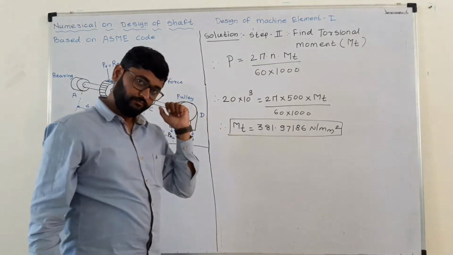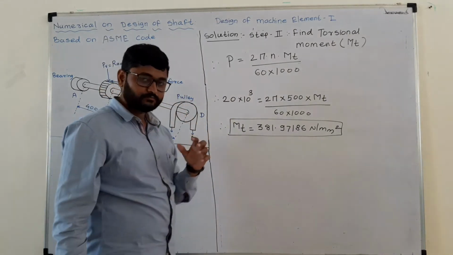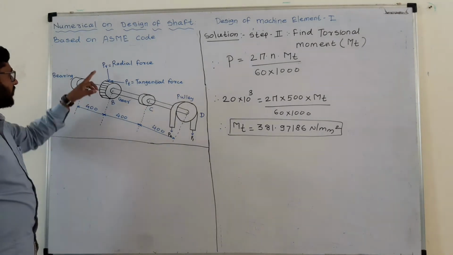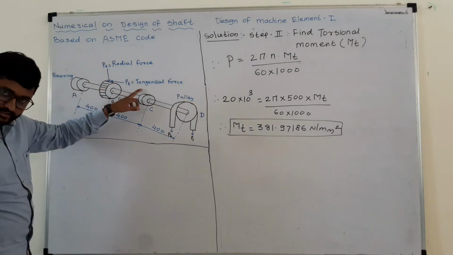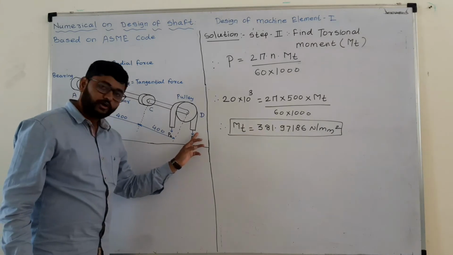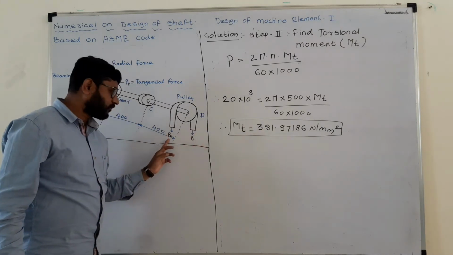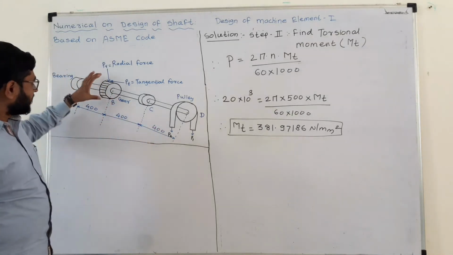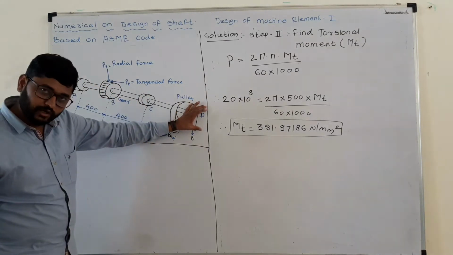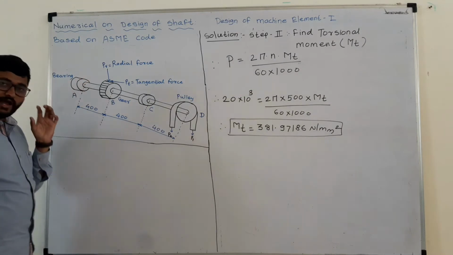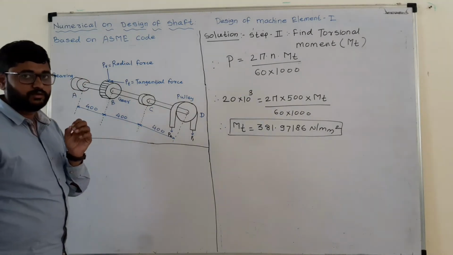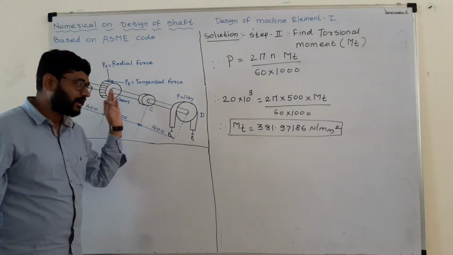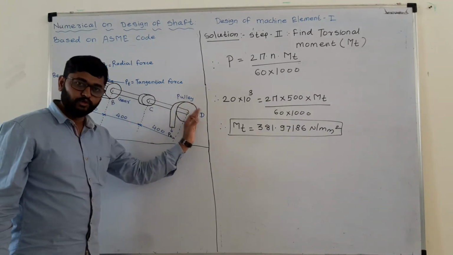But the next step is to calculate radial force, tangential force, tension on the tight side of the pulley, and tension on the slack side of the pulley. Here gear and pulley are given. So for this gear and pulley, our next task is to find the forces on the gear and forces on the pulley.